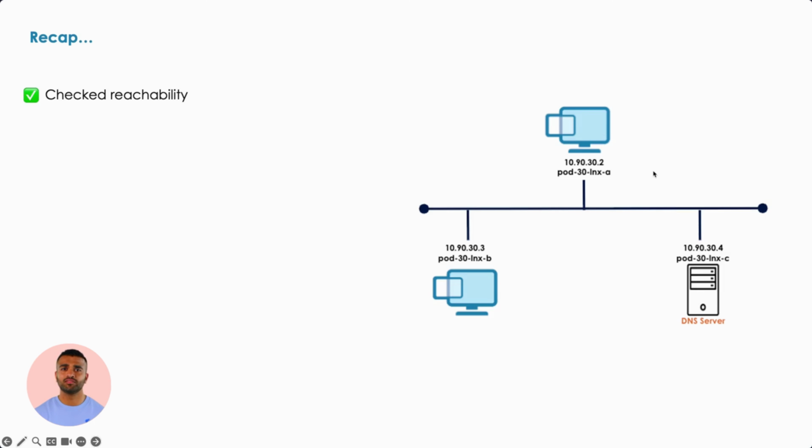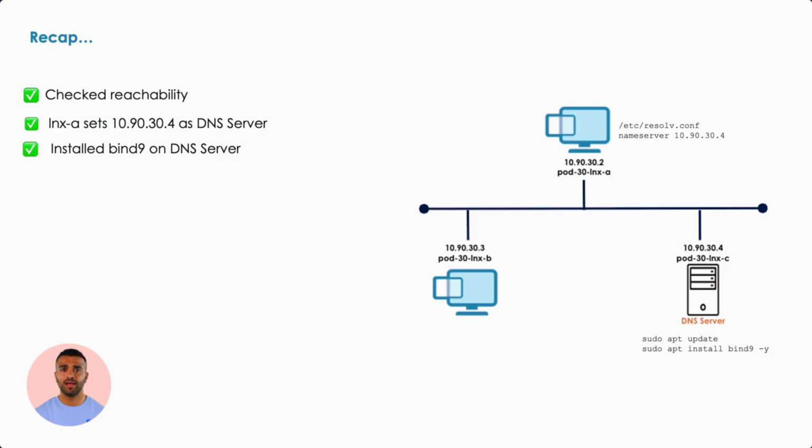To recap, we first verified the reachability from Linux A to Linux B and C using IP. We saw Linux A sets the DNS name server pointing to 10.90.30.4, which is Linux C. We then installed the Bind9 package on the DNS server. After successful installation, we started the DNS Bind9 service and verified it's actively running.